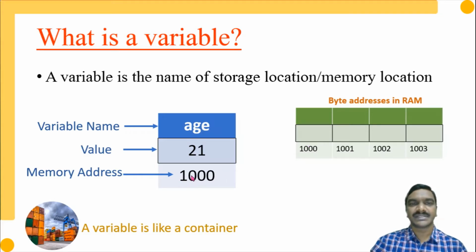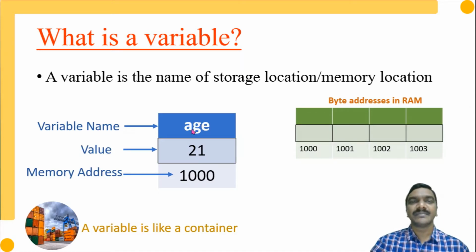Here it is the starting address of these 4 bytes. And if you want to store a number, yes, you can store, and at the same time you can give a name to this memory location, so that you can access this memory location later in the program, and you can give some other value to this variable also.